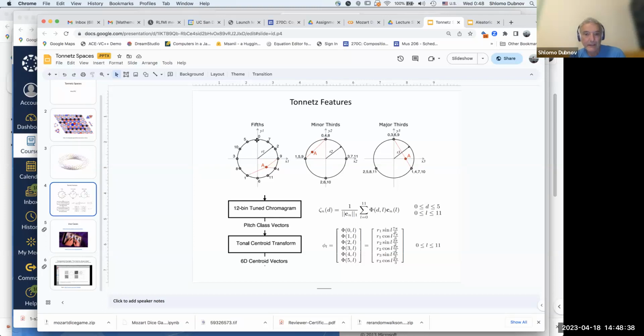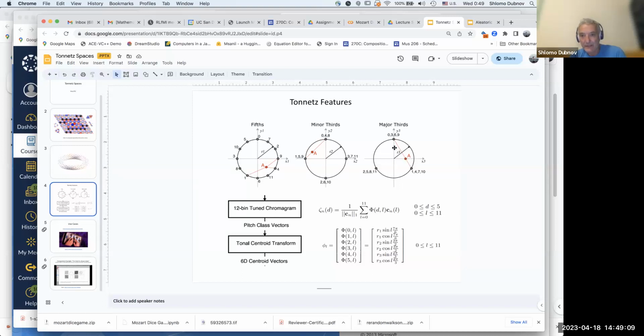Sine of 14 pi should be again 0, right? So we go here, here, here, and go to 0 there. I think that's correct, but please check the geometry. That really should be straightforward. So this is the sine aspect, this is the x. This is the y, the second one. This is the x and the y, the R2 for the minor thirds, and this is the x and the y.